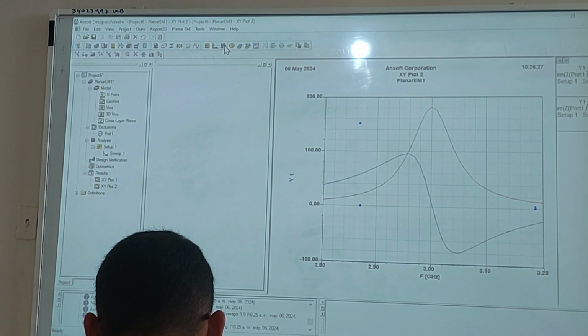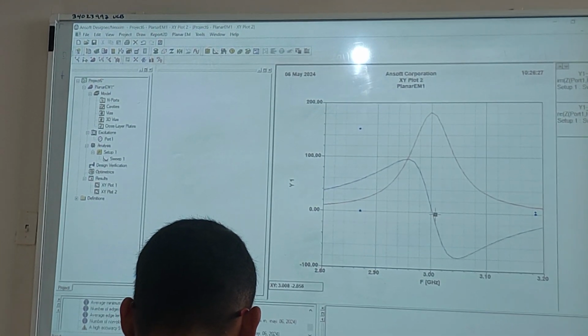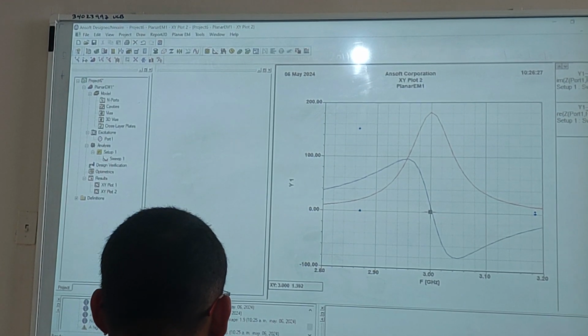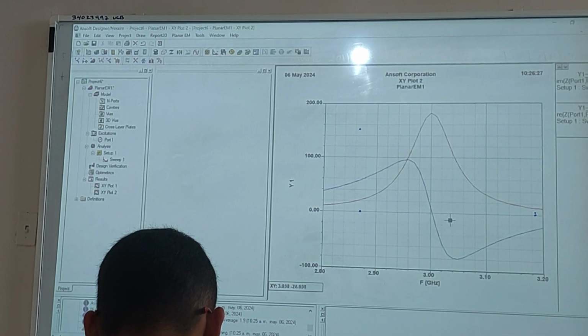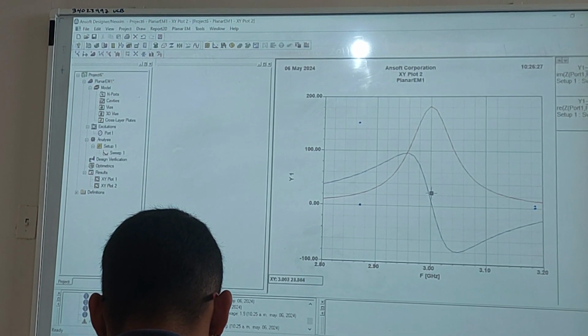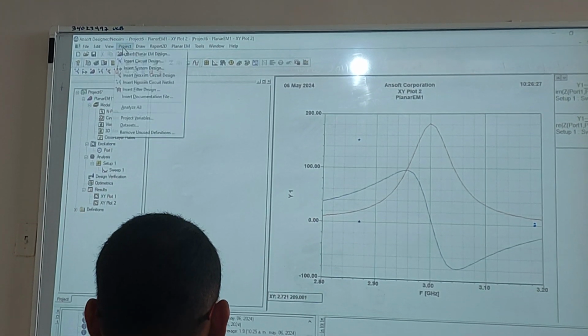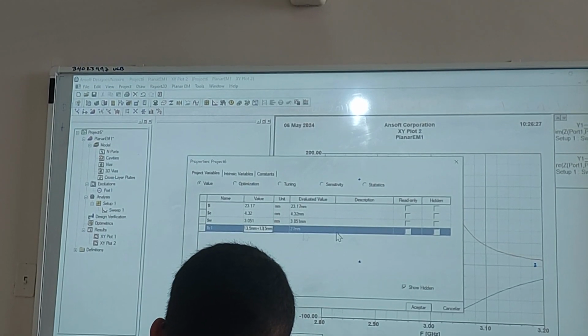Then, let's do this. For example, we are here in this position. We must be sure that the imaginary part is 0. Okay? We have to put this in 0. Then we have to go. We need to add a little more.